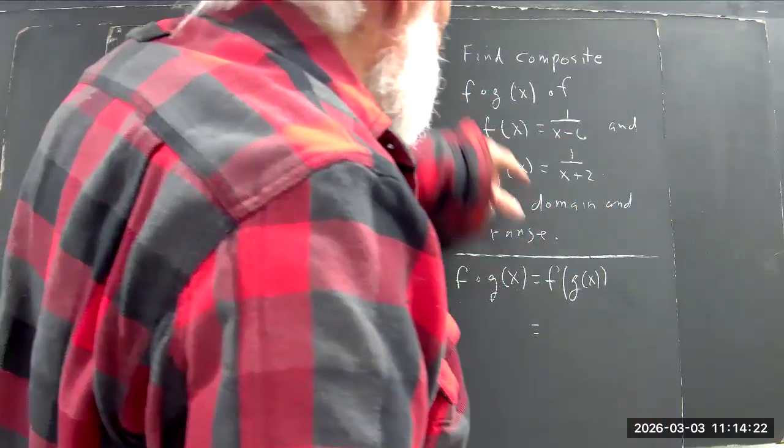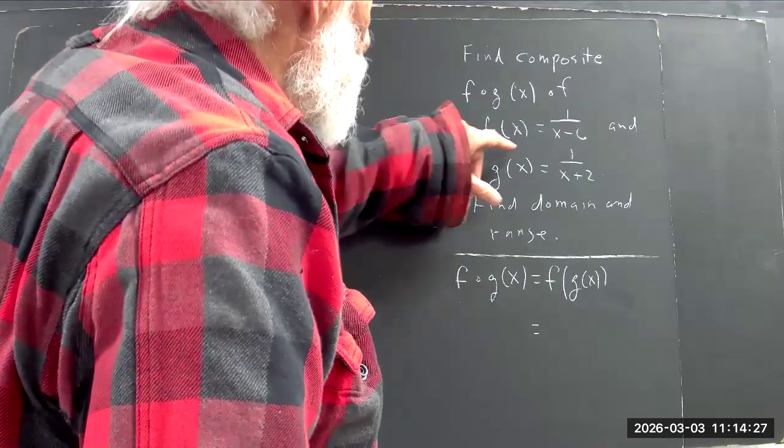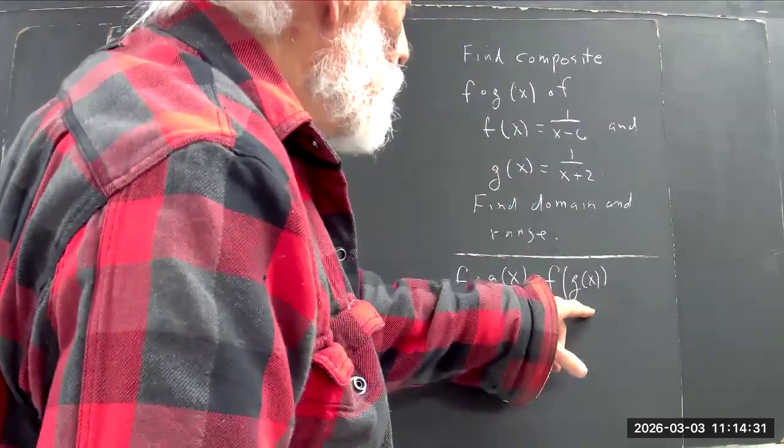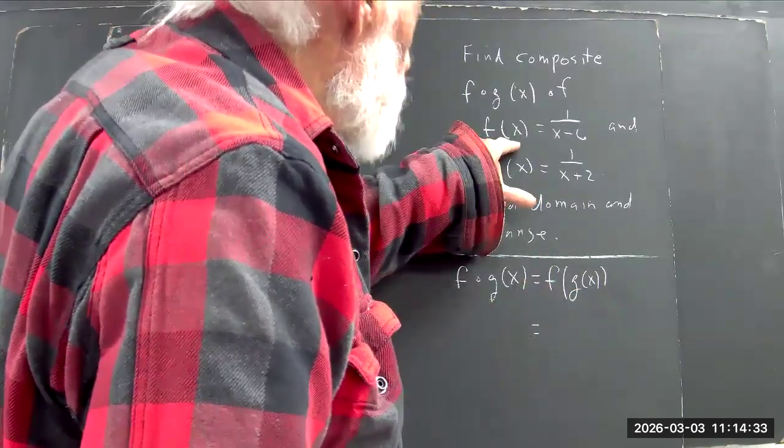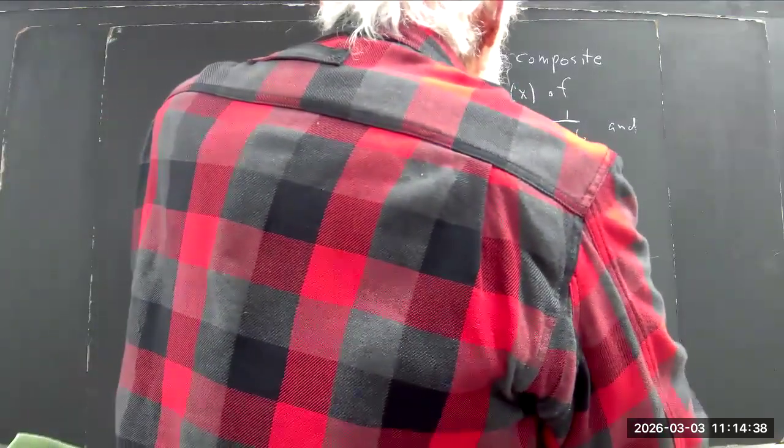Now, just looking at the function f of x is 1 over x minus 6. So if we replace x by g of x, we get f of g of x, which equals 1 over g of x minus 6.